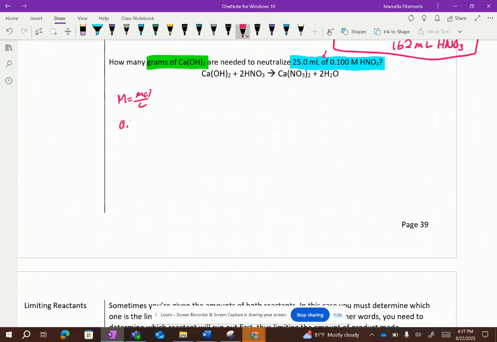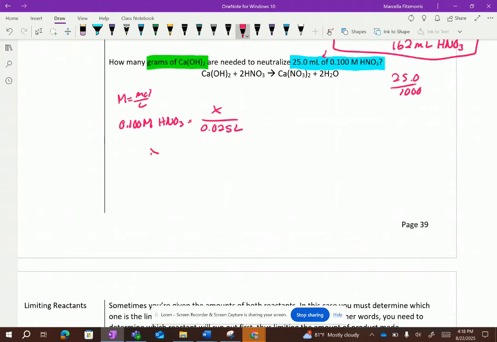The molarity is 0.1 molar HNO3. We don't know the moles, but we do know the liters. Changing milliliters to liters gives me 0.025 liters. If you're not sure how I keep changing milliliters to liters, I'm simply dividing by 1,000. That's all I'm doing.